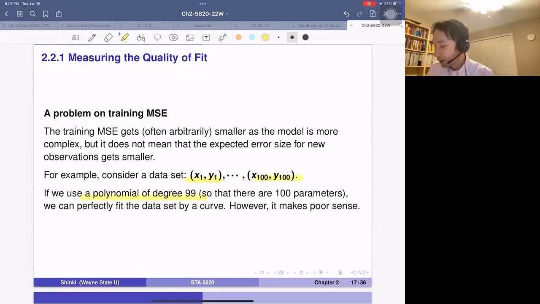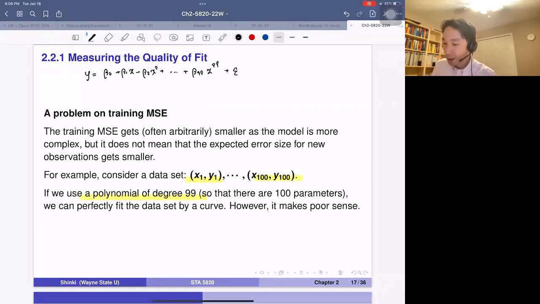So we consider the model y equals beta naught plus beta 1 x plus beta 2 x squared, up to beta 99 x to the power 99, plus epsilon. So how many parameters? We have 100 parameters, from beta naught to beta 99.